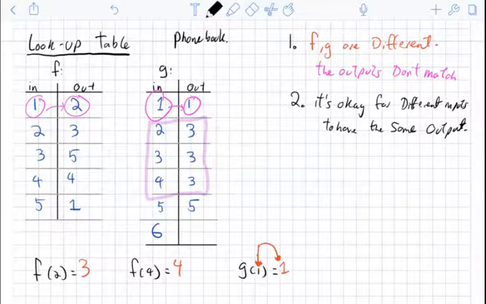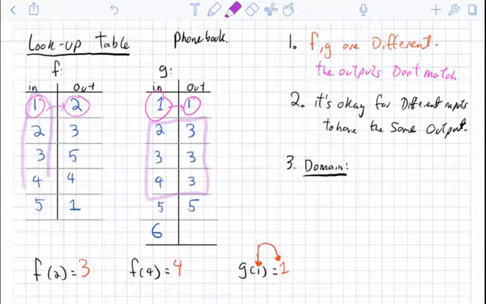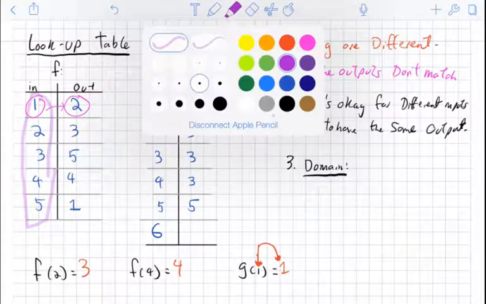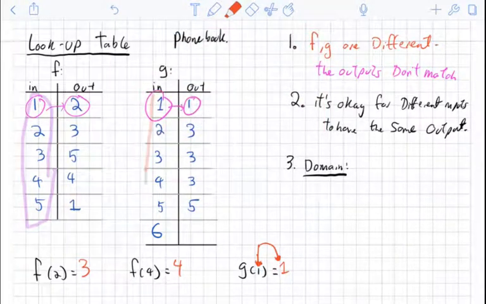3. What's the domain? In this case, just like in the previous case, the domain are all of the numbers that you can look up. But not just. They are all of the numbers that you can look up that have outputs. So 6 is in this table, but it has no output. Okay?